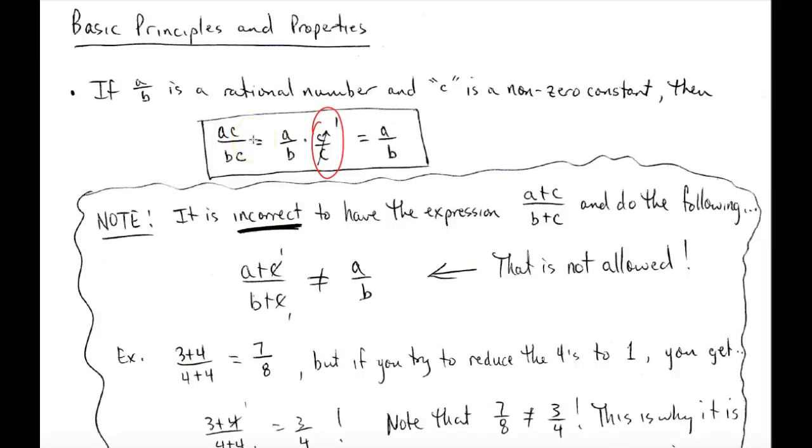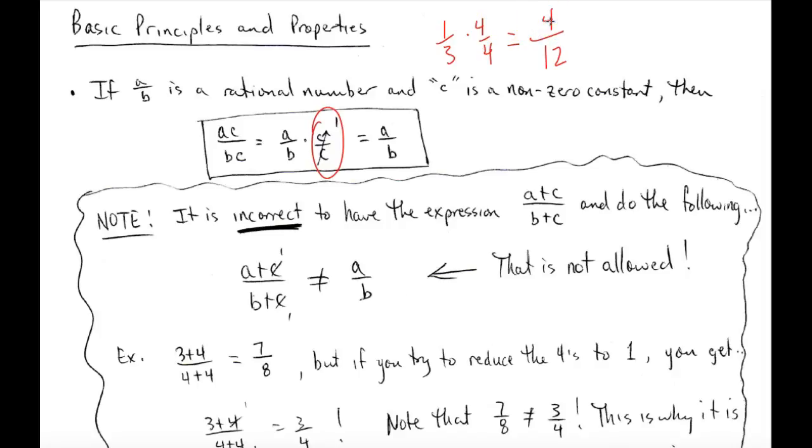And so this is the same sort of thing that we do whenever we make equivalent fractions. Okay, so for instance, if I had 1/3 here, I know that if I wanted to make an equivalent fraction with the denominator of 12, I would multiply this fraction by 4 over 4, which is another way of saying 1, and thus I would have 4/12.